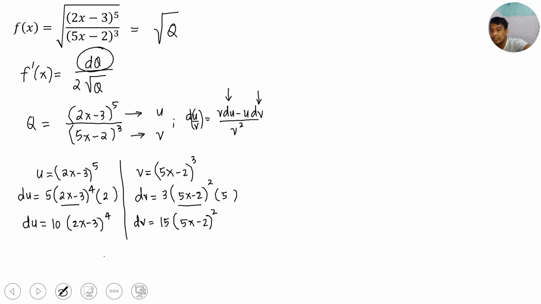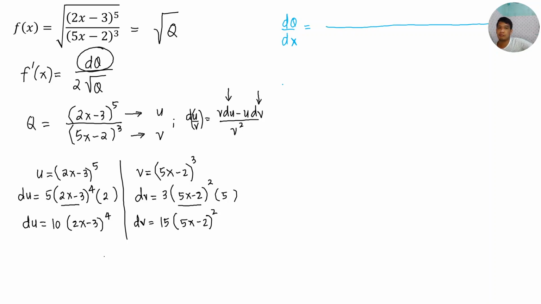Now, since that is our formula, dq with respect to x is equal to our v, which is 5x minus 2 to the third, multiplied by our du, which is 10 times 2x minus 3, minus u, which is 2x minus 3 to the 5.